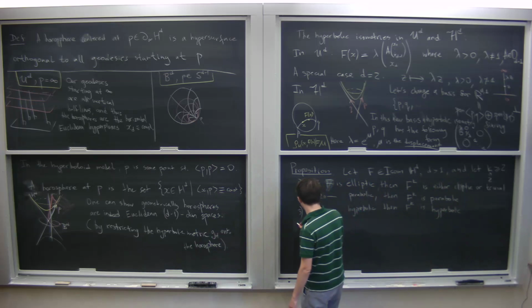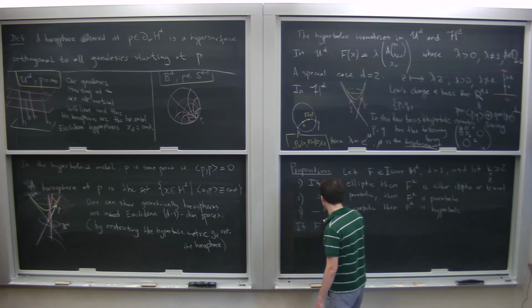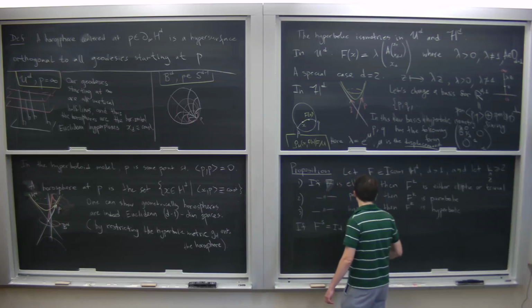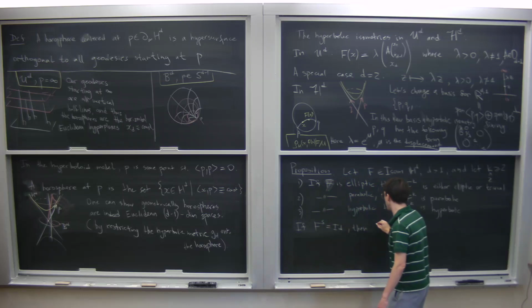So if F to some power s is the identity, then F is elliptic.